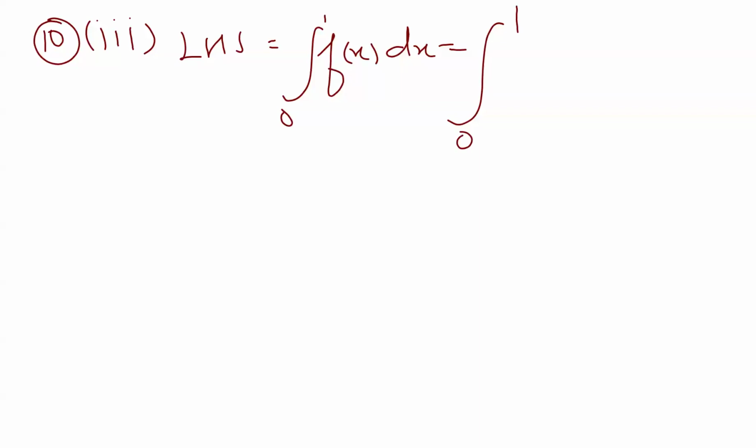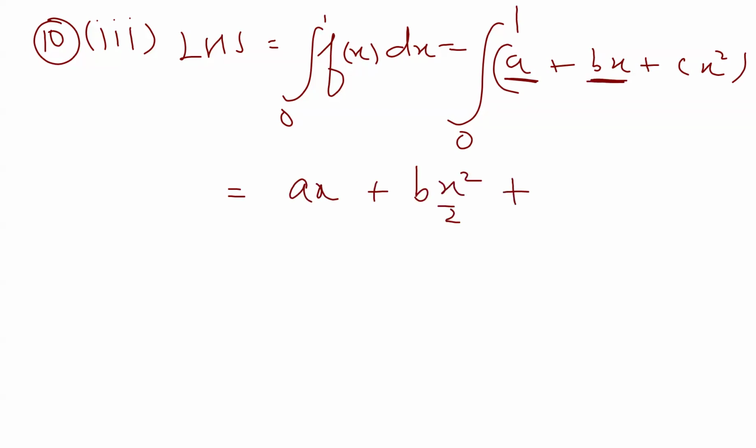So left hand side, integration 0 to 1 f of x dx, where 0 is the lower limit, a plus bx plus cx square. Integration of a is ax, bx is bx square by 2, cx square is cx cube by 3, with limits 1 and 0.